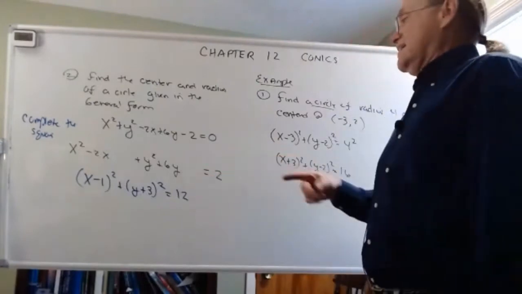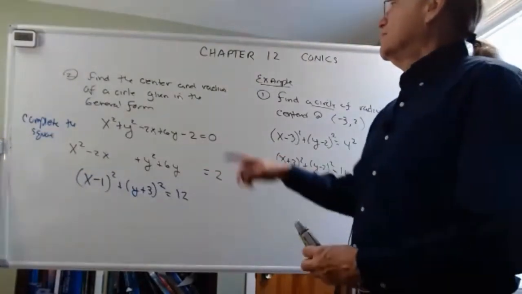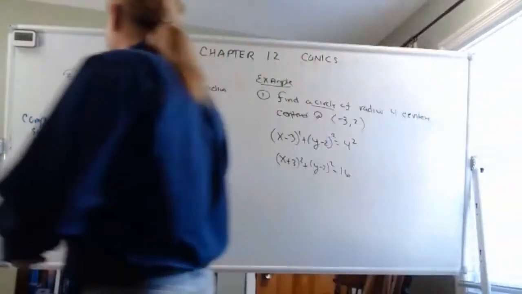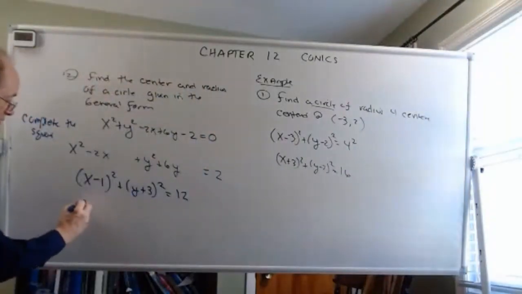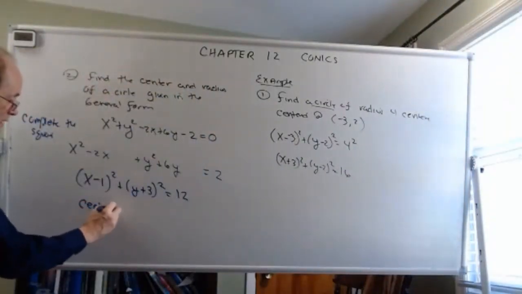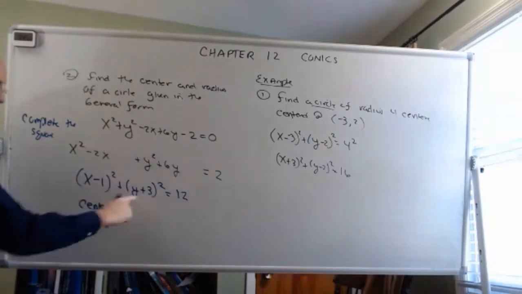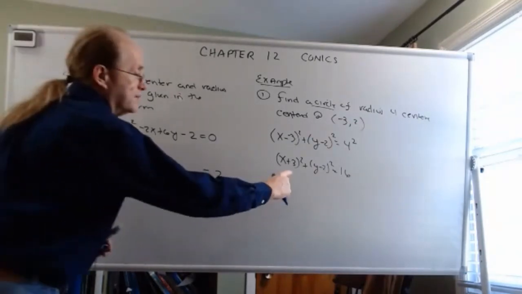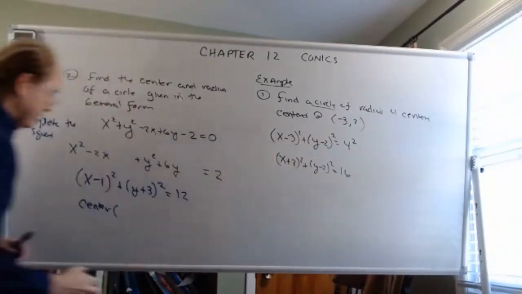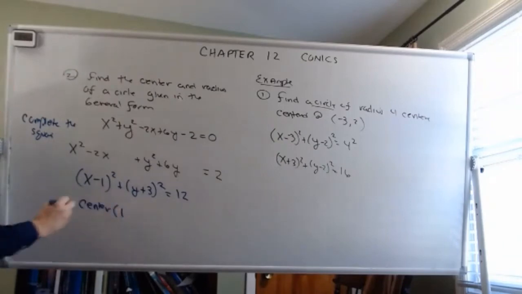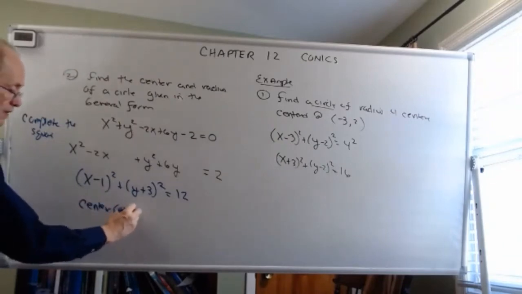Now we can answer the question: find the center and radius. What is the center? The center is always the negative of what's in there, because remember it's defined as x minus that value. So the x coordinate is a positive 1, and the y coordinate is a negative 3.